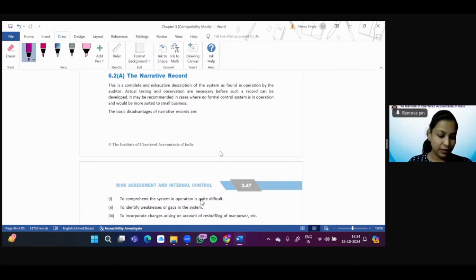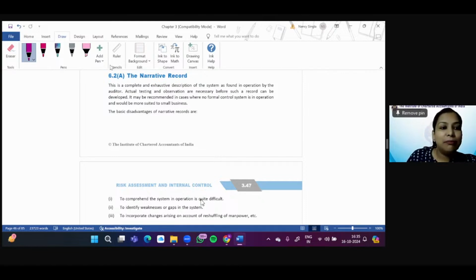Description is what you are saying, which is absolutely correct. So description of events or a story kind of thing. So when the entire narration of the internal control is mentioned, that this is the internal control, these are the various systems, these are the weaknesses, or these are the good points, this is what a narrative record is.